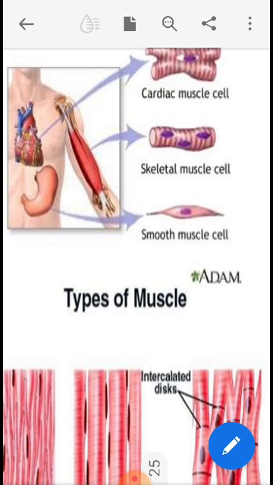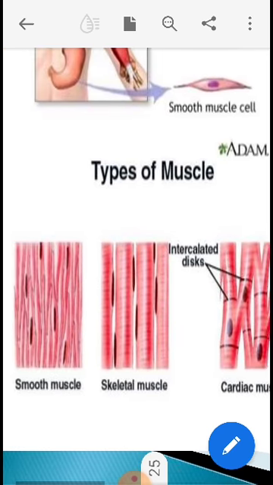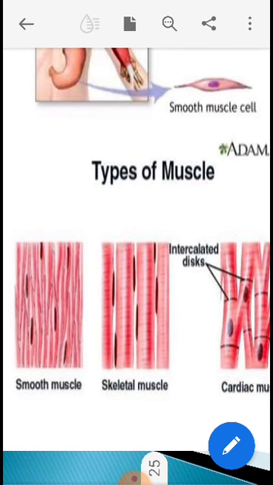Here you can see the figure of the internal organ, and here you can see the smooth muscle cell that is responsible in the stomach for the contraction and relaxation. Okay, downside you can see the different types of muscles. Again, they are smooth muscles as found in the stomach.